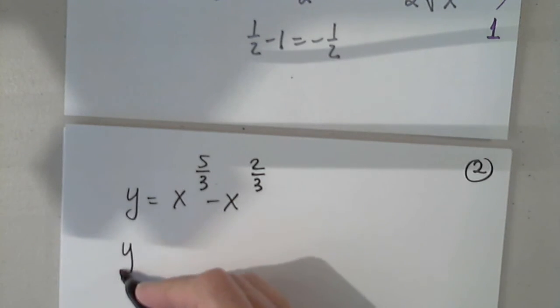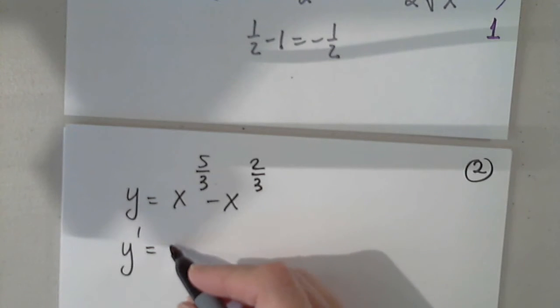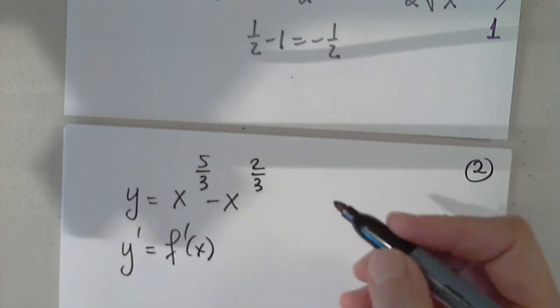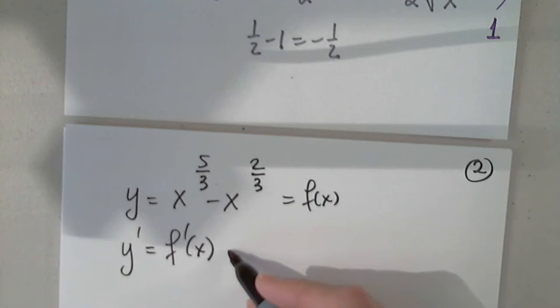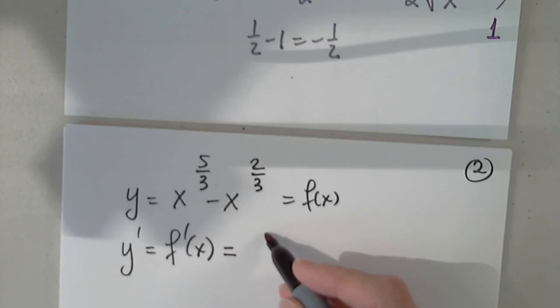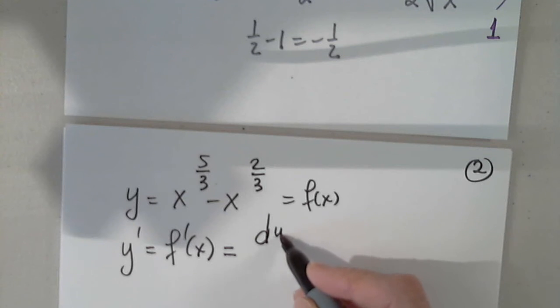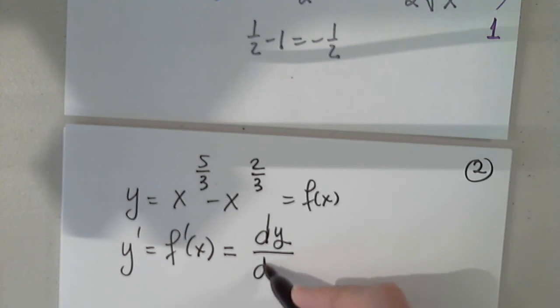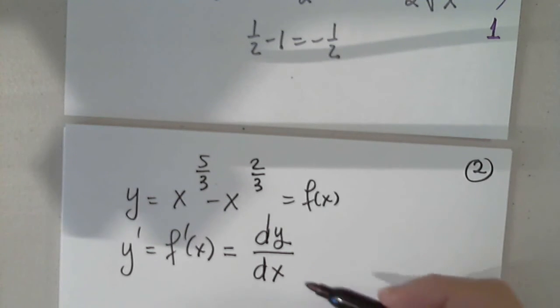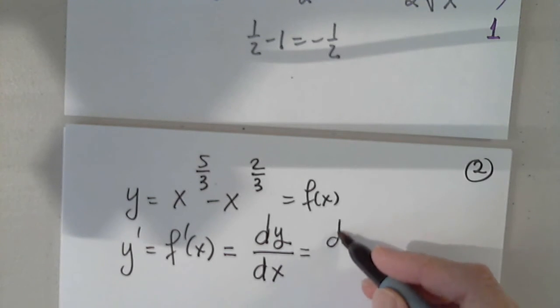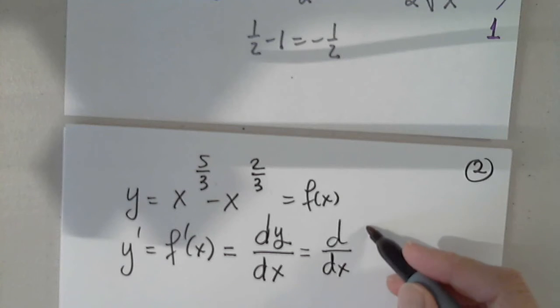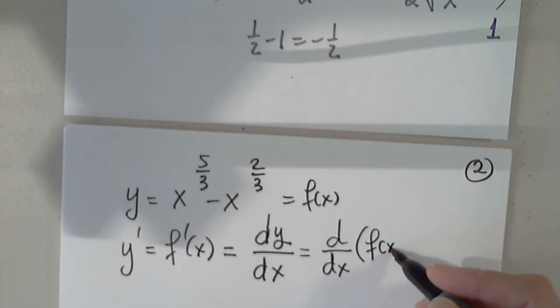We're asked to find y prime or f prime of x if I denote this by f of x, but they are the same always. The other notation is the derivative of y with respect to x. Another notation could be d over dx of the function f of x.